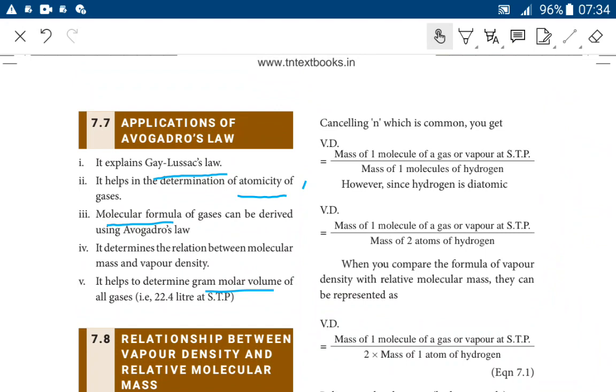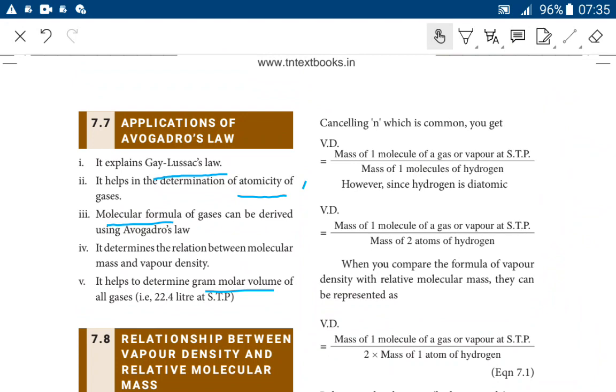Next, suppose n is equal to 1, that is, the volume contains one molecule. We can derive the next step: vapor density is equal to the mass of one molecule of gas to the mass of one molecule of hydrogen. In the hydrogen molecule there are two hydrogen atoms, that is why hydrogen is diatomic; H2 contains two atoms in one molecule.